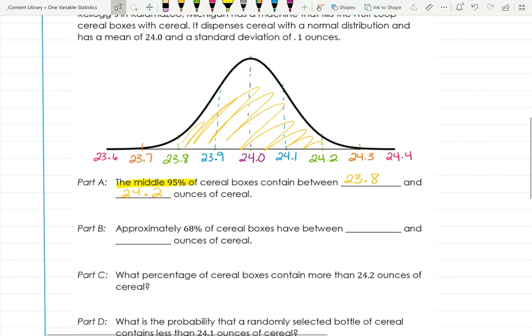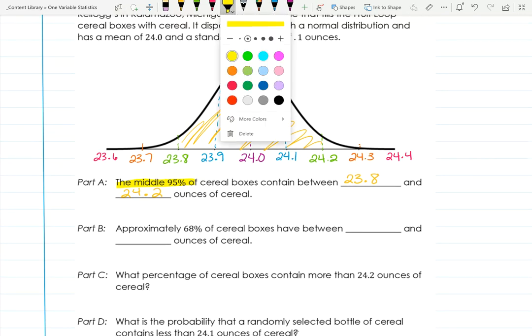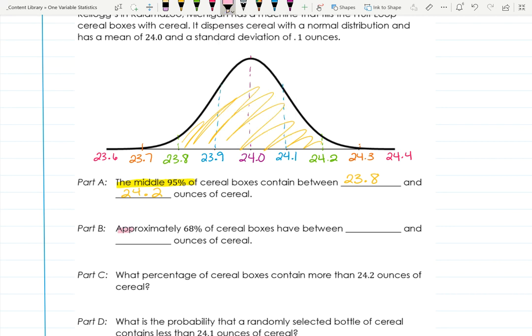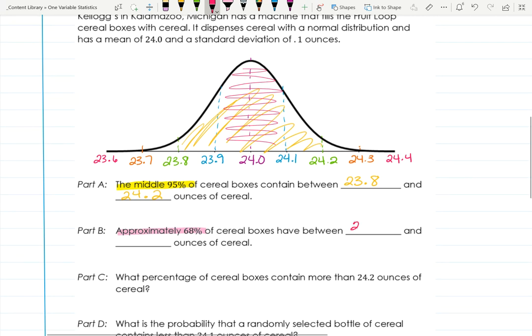Approximately 68%, that is our first standard deviation, falls between 23.9 and 24.1 ounces.